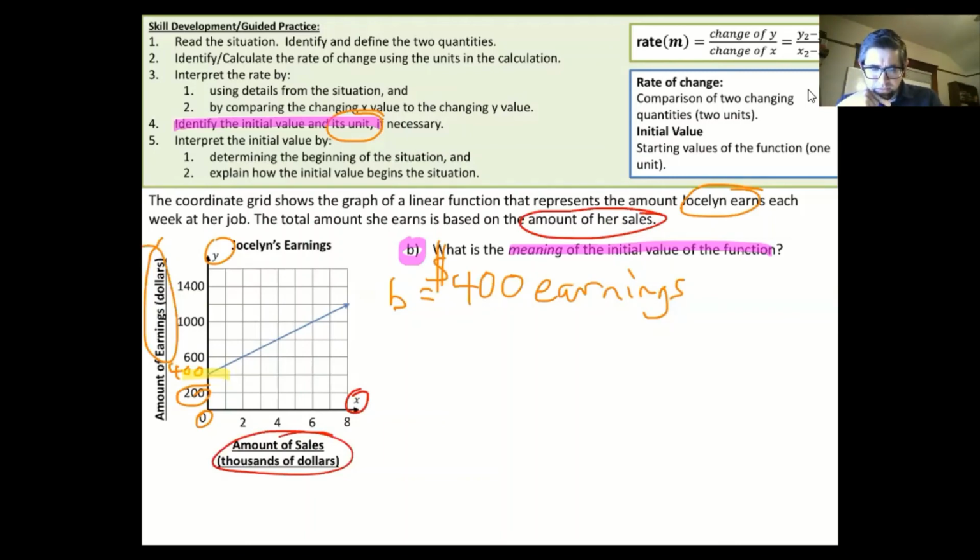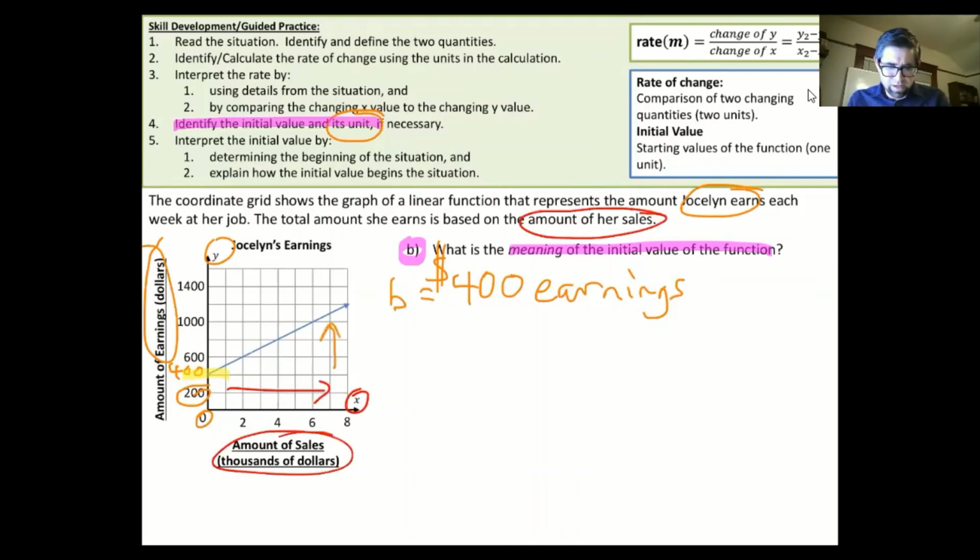The total amount she earns is based on her amount of sales. So it's not just based on her amount of sales. There's something else going on here. The amount of sales based on her earnings is the slope of that line. So as we go up the line, as she has more sales, her total amount increases.